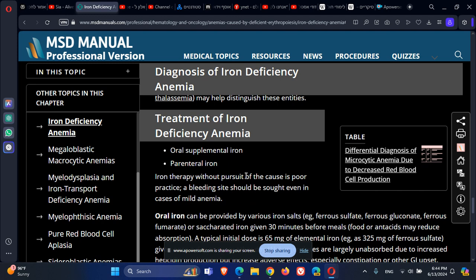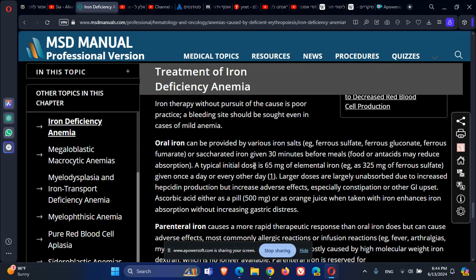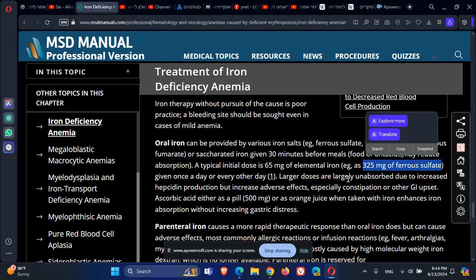So iron supplementation can be given in a dosage of 65 milligrams a day, around this. Elemental iron, which is correlated with this amount of ferrous sulfate, and each type of iron has its own dosage, but 65 milligrams of elemental iron is the typical initial dosage.